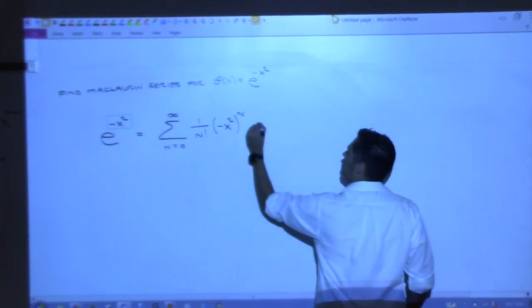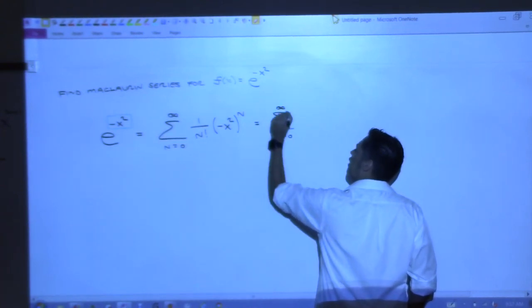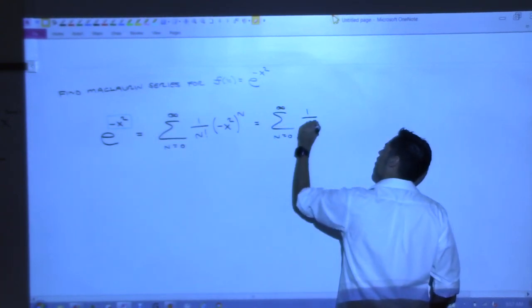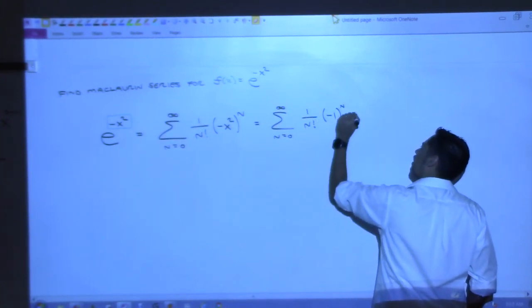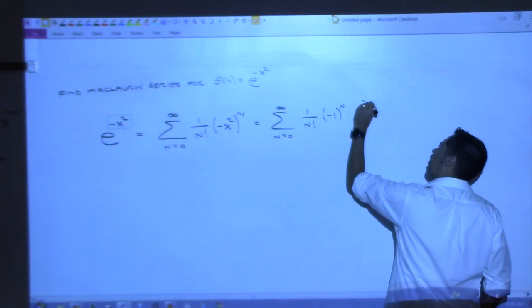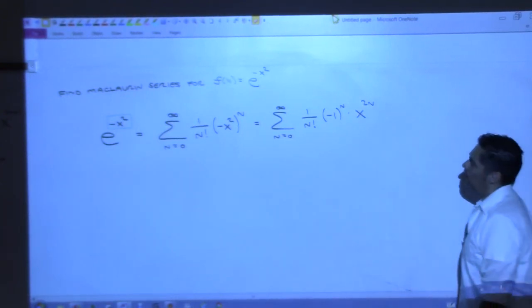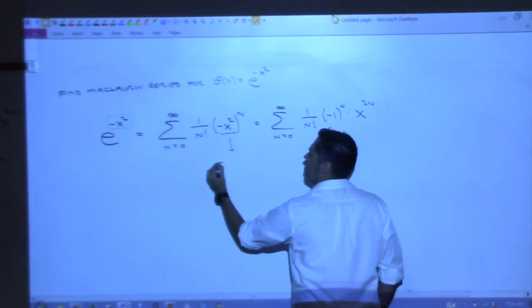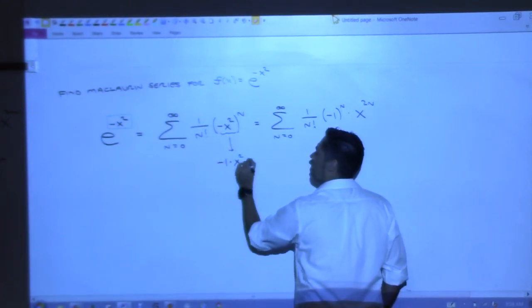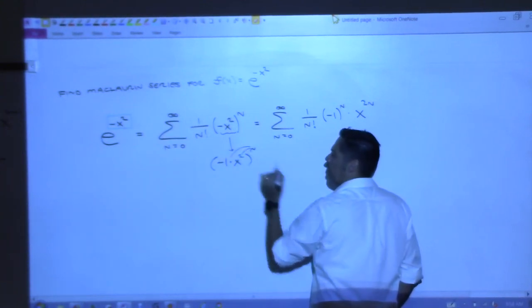Which is equal to sum n equals 0 to infinity, 1 over n factorial, negative 1 to the n times x to the 2n. So what did I do there? Separated it. I took negative 1 times x squared, and then I raised it to the n, and did the nth power on both of those.